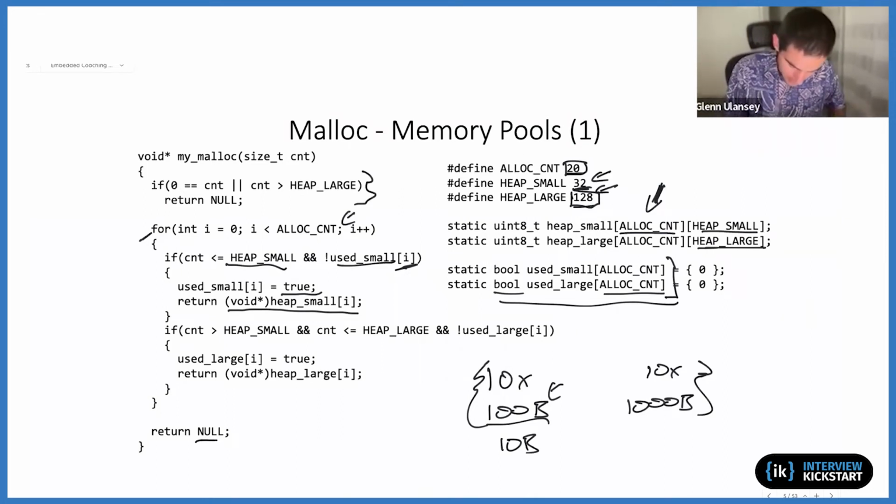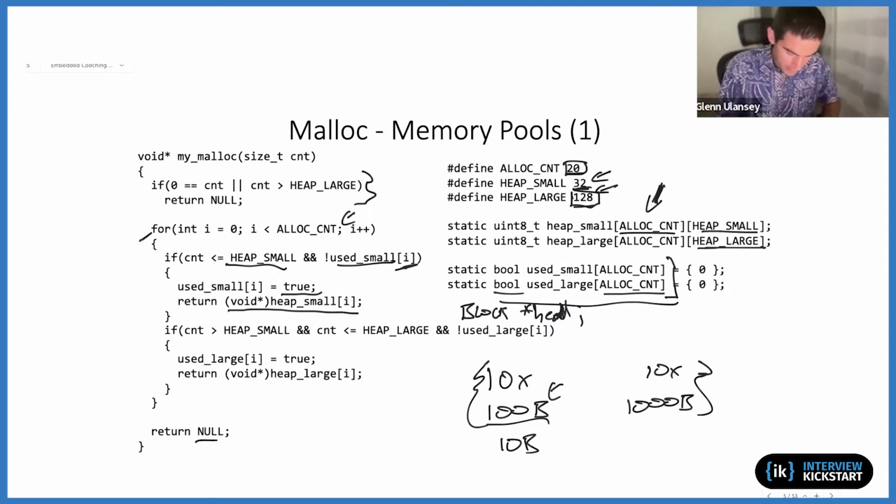So if we had some sort of global head pointer, then our malloc implementation could instead be just say return, well, it's not quite that.